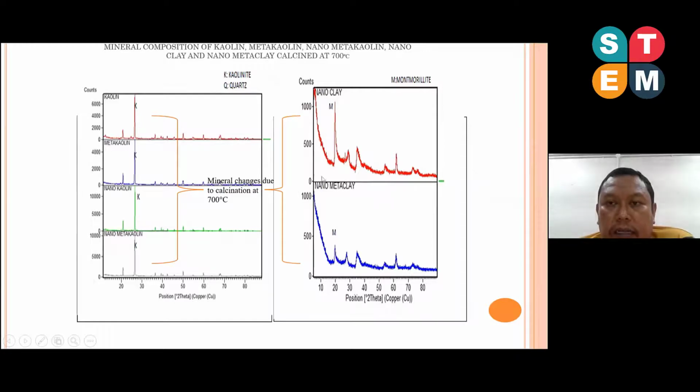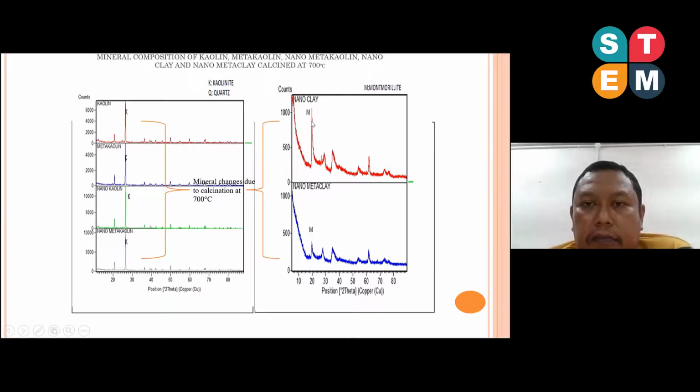On the contrary, on the right of the screen, this is the process of transforming nanoclay into nanometaclay. We can see that the red line represents the nanoclay, which has not undergone the treatment process, which is calcination. After calcination, we can see the peak of that particular nanometaclay, and the peak and the noise of the blue line is stable compared to nanoclay.